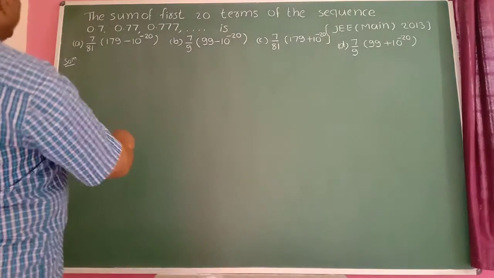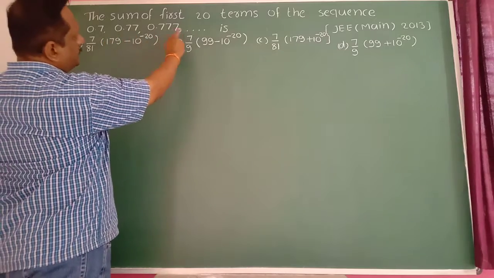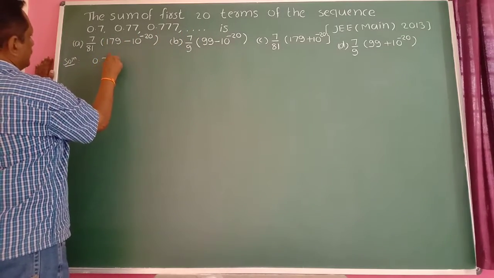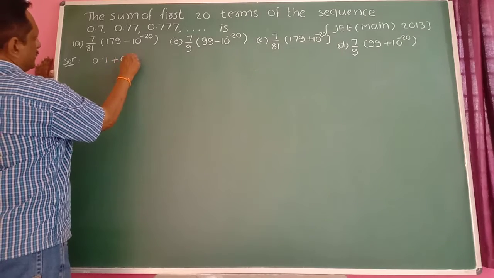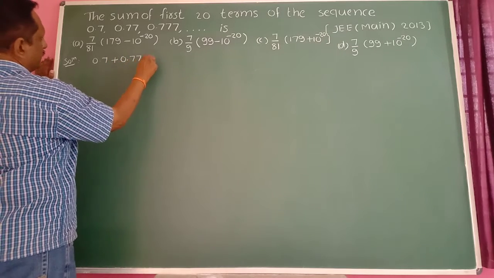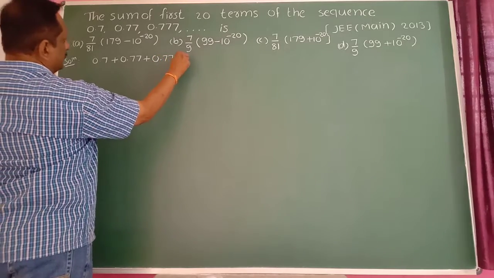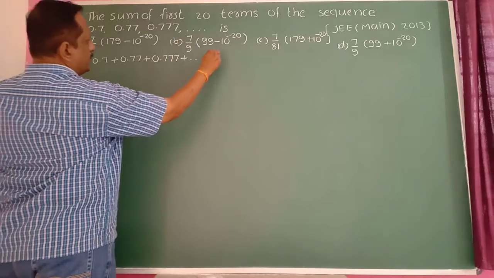Okay, here find the sum of the first 20 terms: 0.7 plus 0.77 plus 0.777 up to 20 terms here.